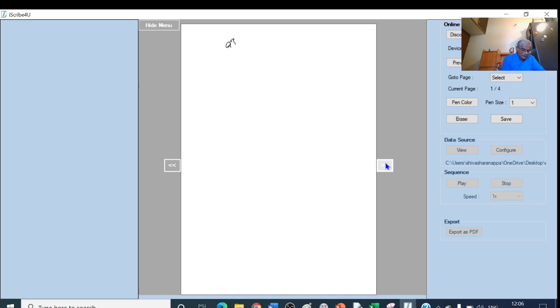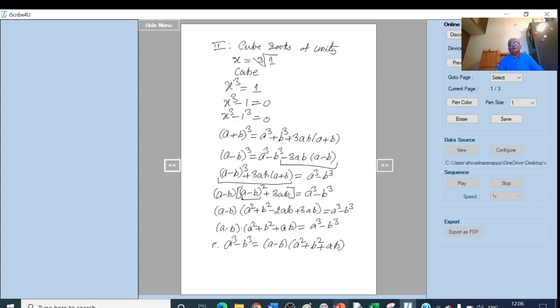So we have a cube minus b cube is equal to a minus b into a square plus b square plus ab. Okay.